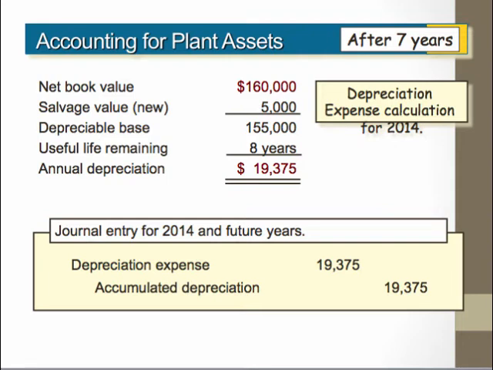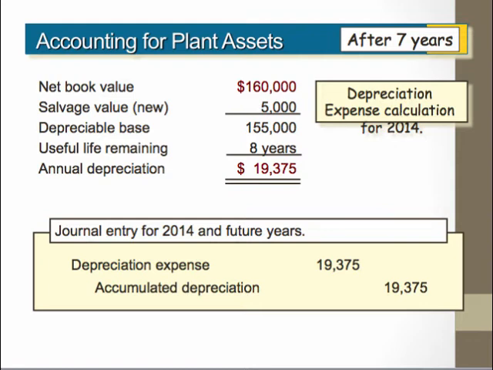So we take the book value, subtract out the new salvage value to get our new depreciable base, divide it by our remaining useful life to receive an annual depreciation of $19,375 each year until the end of its useful life.